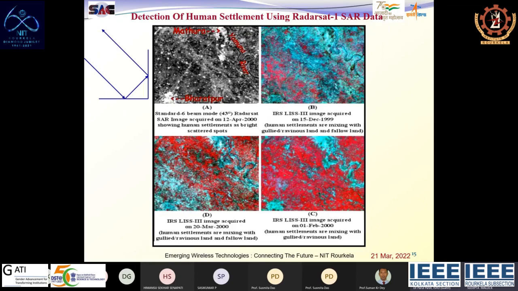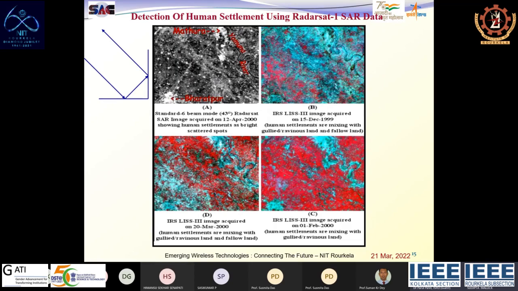And if you have a typical settlement, there is a double bounce reflection happening. Your incoming signal has a mirror-like reflection, and then the wall of the settlement stops this signal, and you again get a reflected signal back towards your antenna.